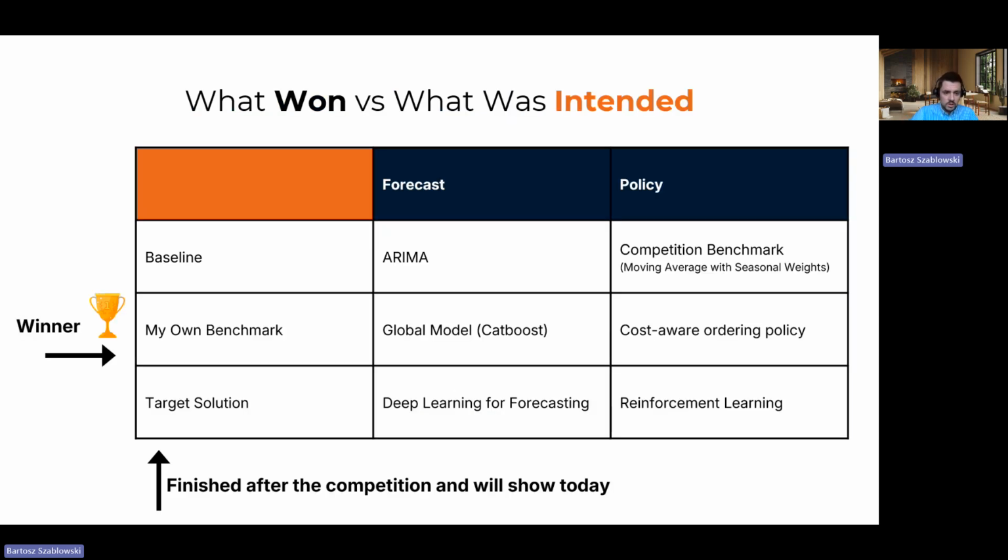The solution that actually won was supposed to be only my internal benchmark, something better than the competition benchmark, but for sure not the final target solution. The real target solution was meant to be a neural network, but I only finished it after the competition ended. So this is exactly the deep learning based approach that I'm going to show you today.